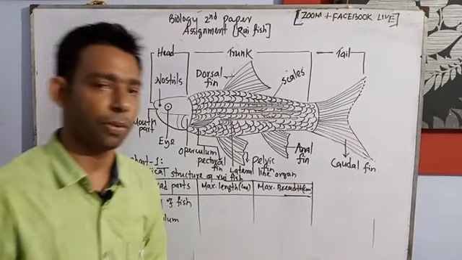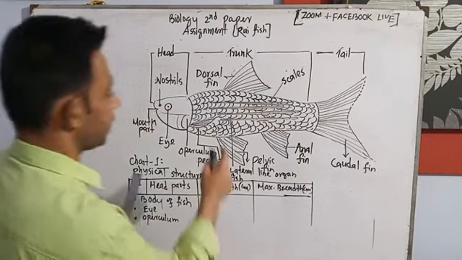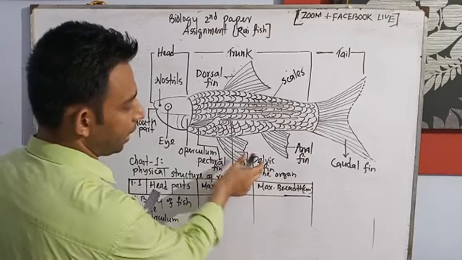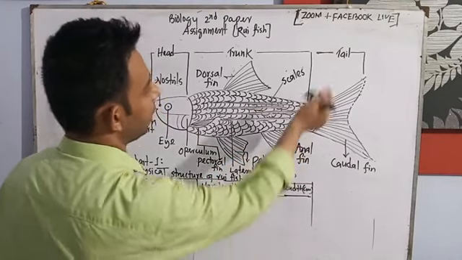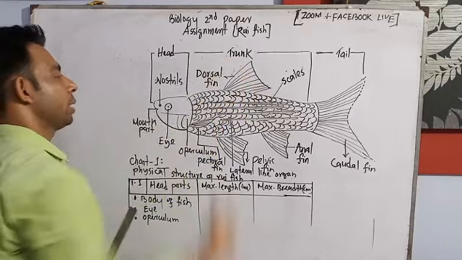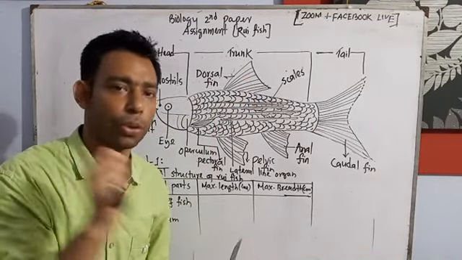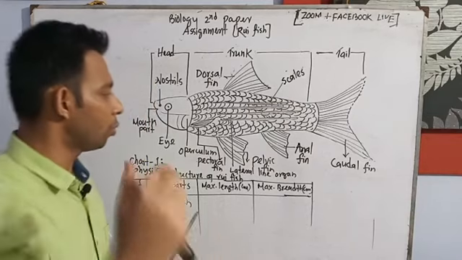If you buy a Rui fish from the market, you can see it. Then there are the pelvic fin, anal fin, caudal fin and tail parts, scales on the body, and above is the dorsal fin. This is just to make you know the parts, giving an idea. I think you know this also.